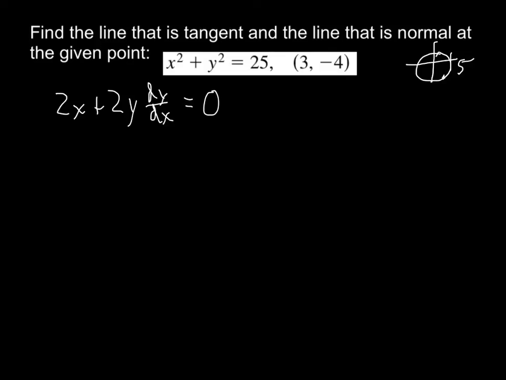Now, if we solve this for dy dx, we get, move that 2x over, that's negative 2x over 2y, which is equal to negative x over y. Same thing we got when we were doing the circle with a radius of 4.